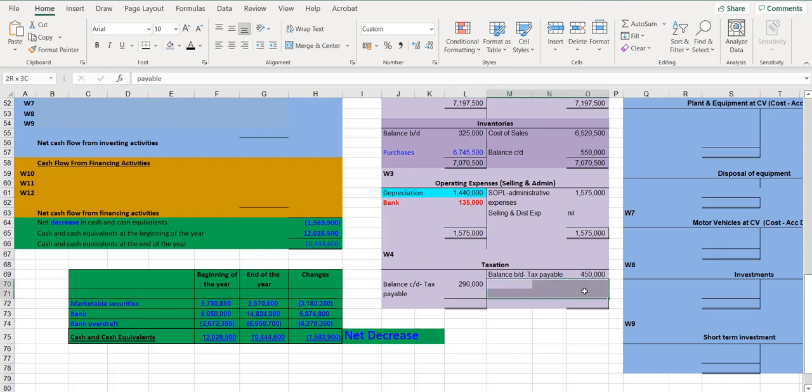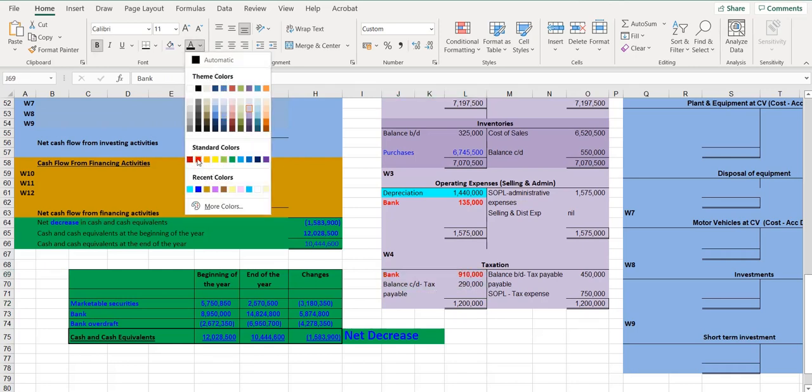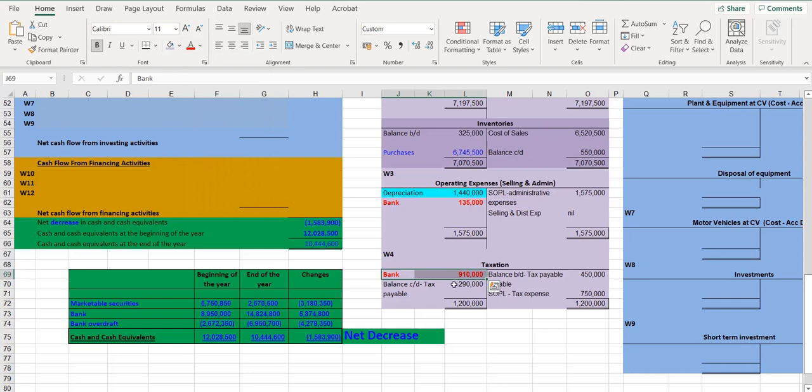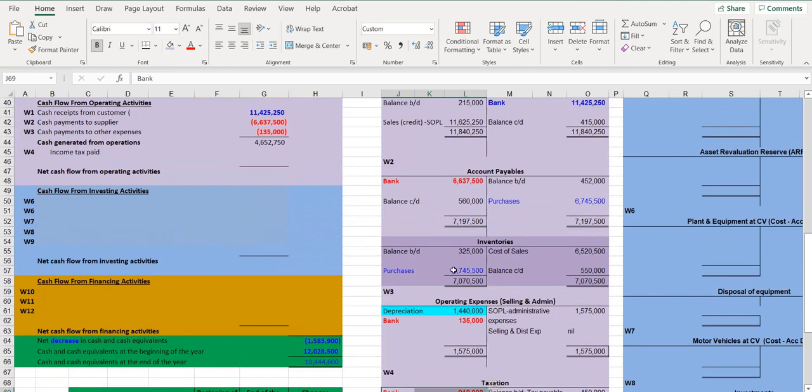The tax expense is included on the credit side, and we are trying to find the tax paid. So total up the credit side and take the total minus the entries you have on the debit side. The missing figure here will show how much tax was paid during the year, which was 910. So this 910 is the one which was in working four.